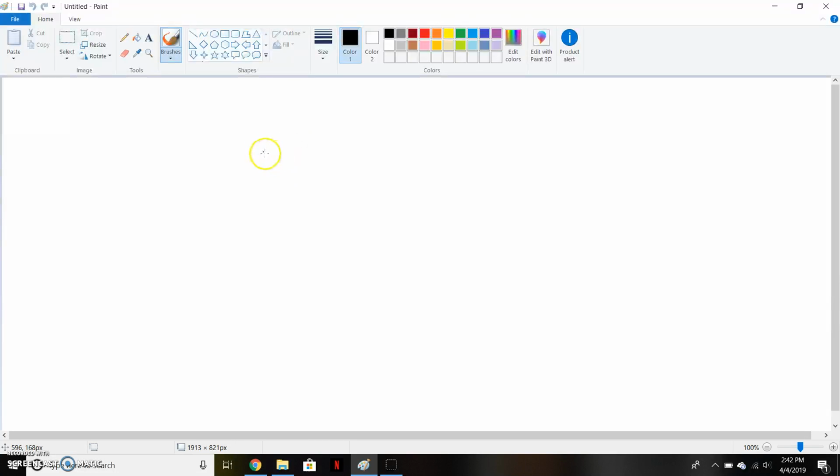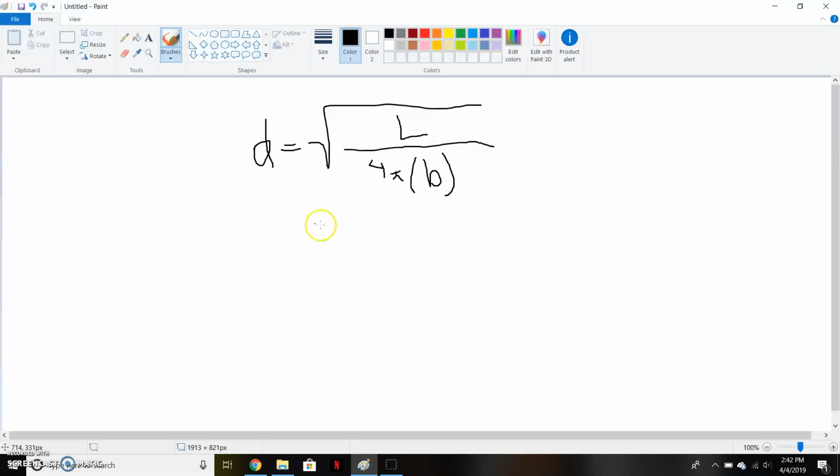So when we go here, we just use the formula again, but we're solving for distance, so the formula is rearranged for distance. So distance is equal to the square root of luminosity over 4 pi times b, which is apparent brightness.